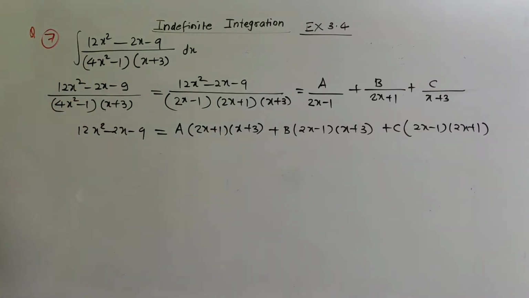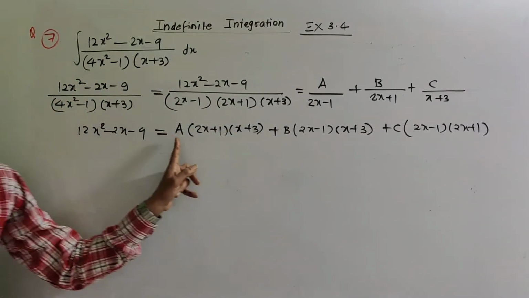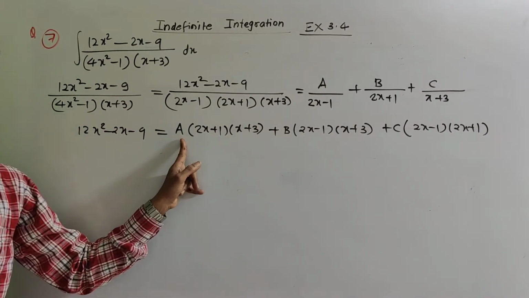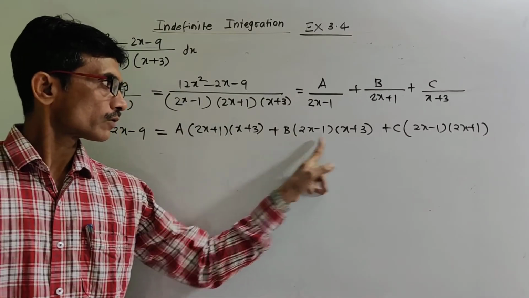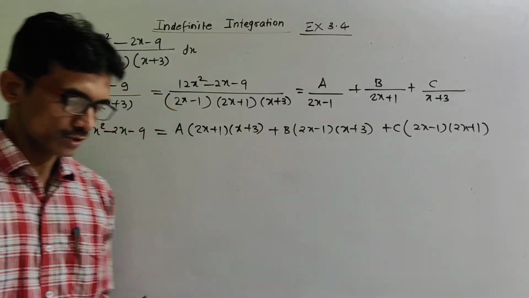Then to get a, b, c, first we try to get a. For this we have to substitute x is equal to 1 by 2. Then this 2x minus 1 will reduce to 0.